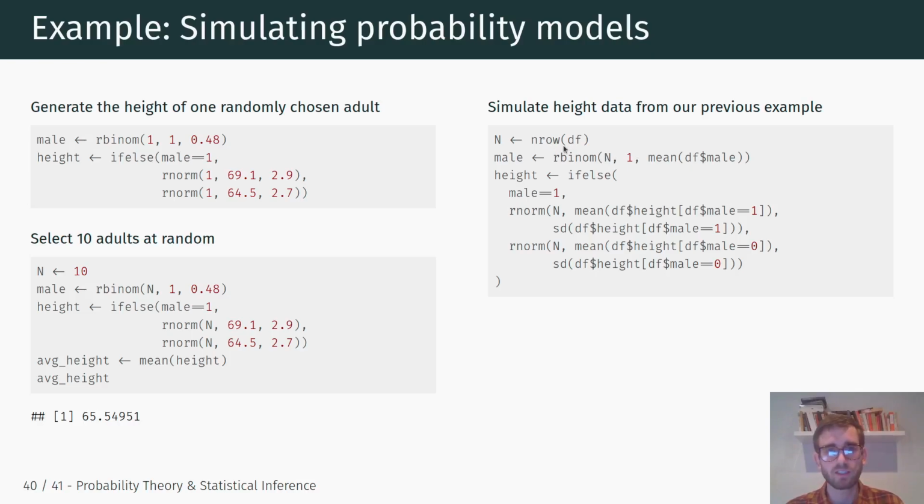So df is that old data frame. We will now simulate data for the same number of observations, I believe it was 352. We take n random draws from a binomial distribution with the same proportion of men as we have observed in our data set, and then we're using the same if-else statement to specify two different normal distributions, one with the average height for men and one with the average height for women.